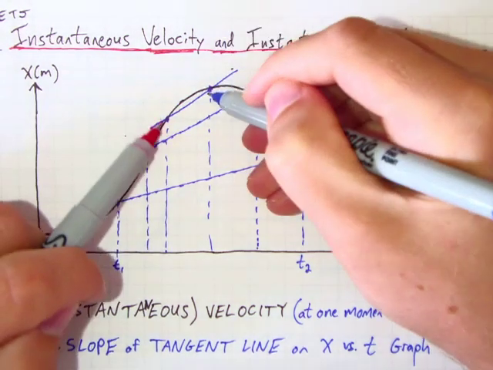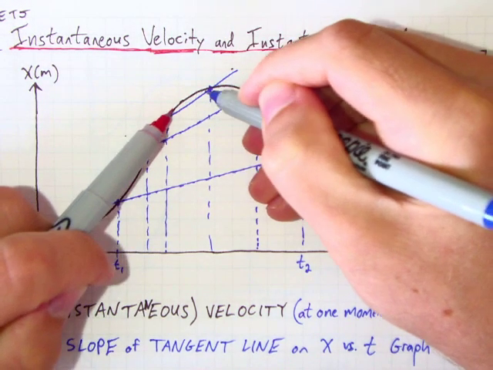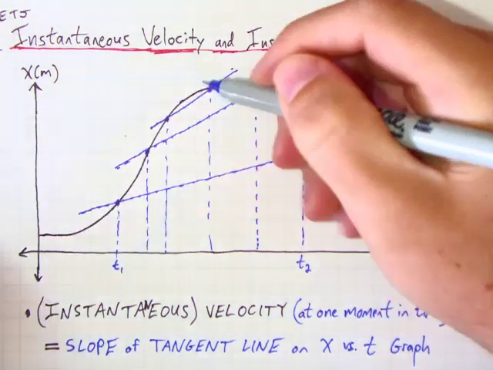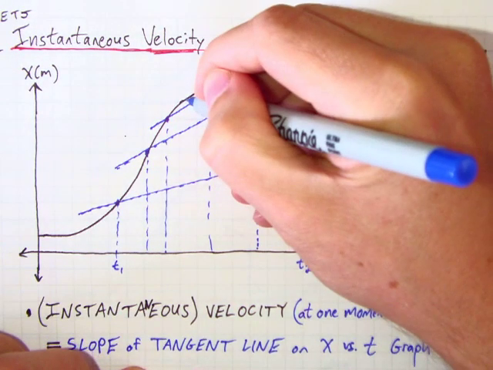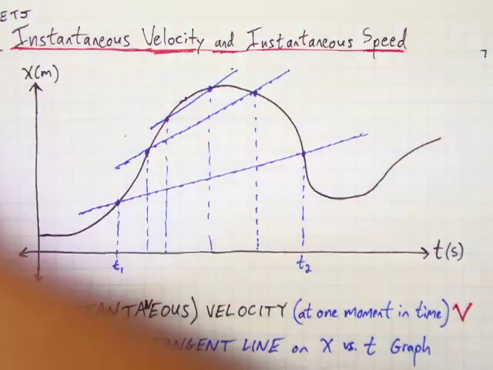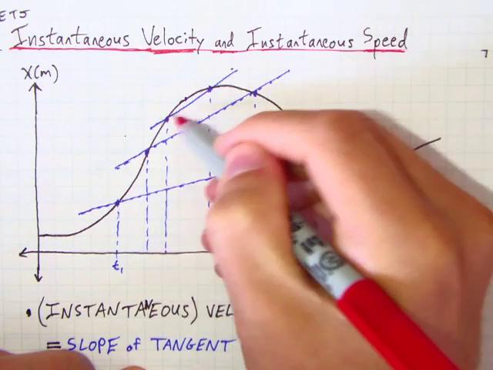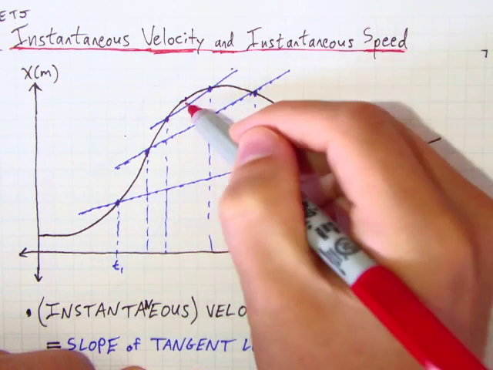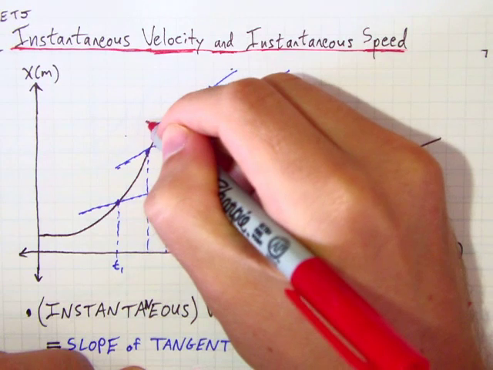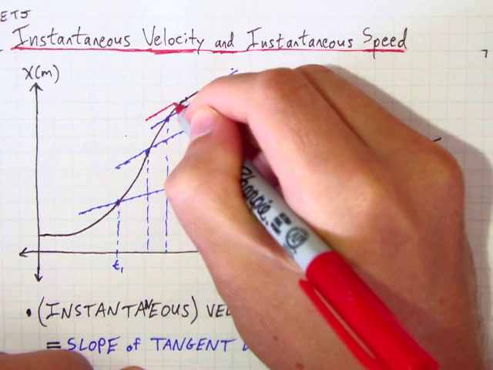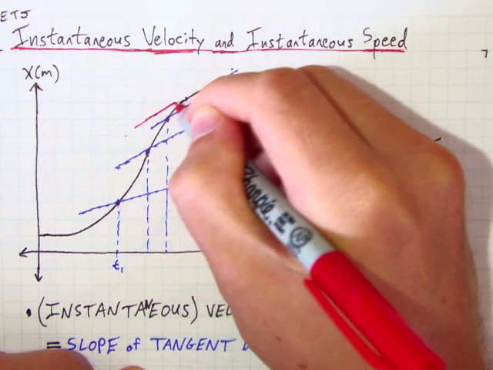Let's imagine sliding these 2 points together until they touch. Let's imagine 2 events that get so close to each other that they become just one event. What happens to your average velocity when you're looking at a single event right here? The connecting line between those 2 events, as those 2 events become one event, becomes what we call the tangent line to the graph.